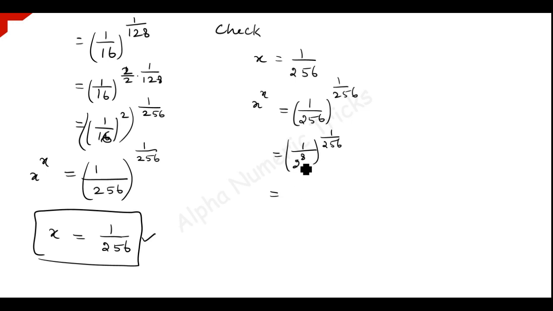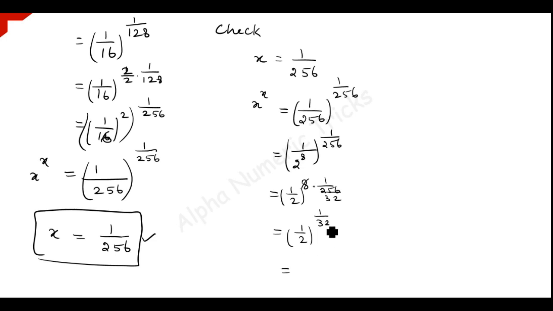You can take this 8 as the power, so (1 by 2) whole to the power 8 times 1 over 256. Here 32 times 8 is 256, so (1 over 2) whole to the power 1 over 32.